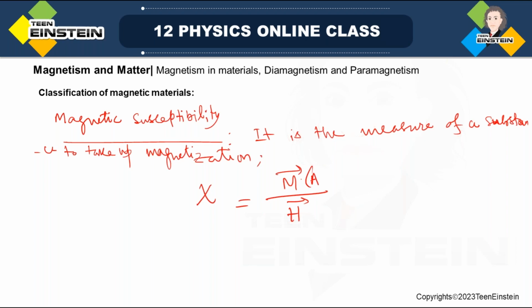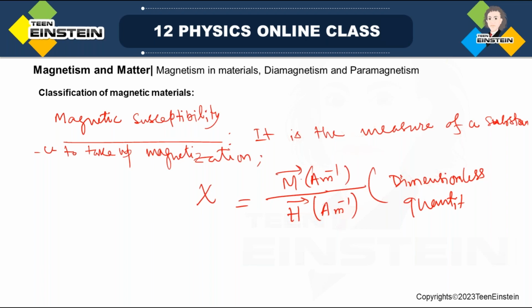So the ampere per meter cancels, and this is actually a dimensionless quantity.